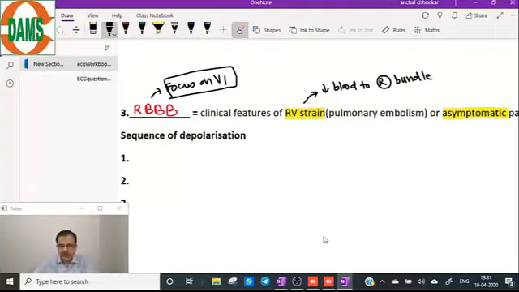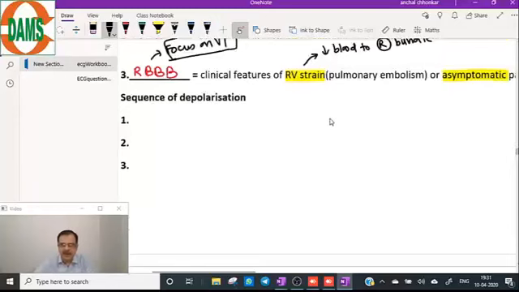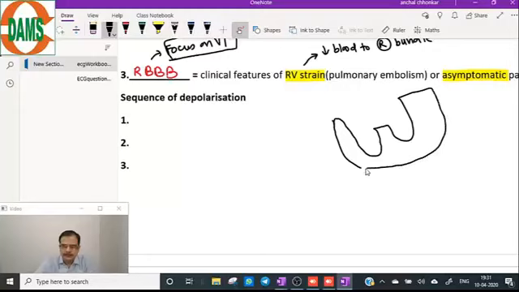So coming to the sequence of depolarization. Here is the coronal section of the heart, and I will take the bundles. So there is a right bundle, there is a left bundle.